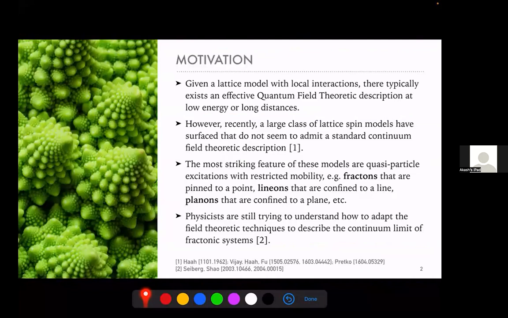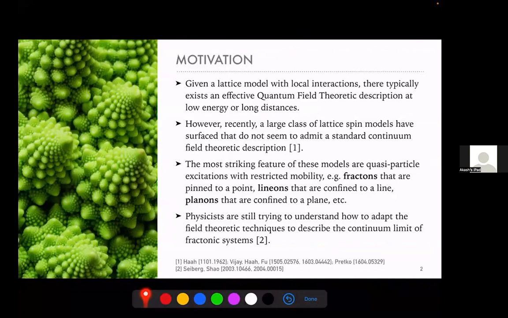Here is what we are going to be studying. Typically, you have a condensed matter system. A condensed matter system is like some lattice system with some local interactions. And it's commonly believed that if you go to some IR, some macroscopic behavior of the system in some continuum limit, this will be described by some local quantum field theory.